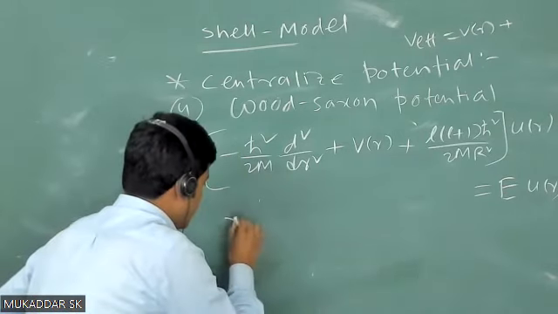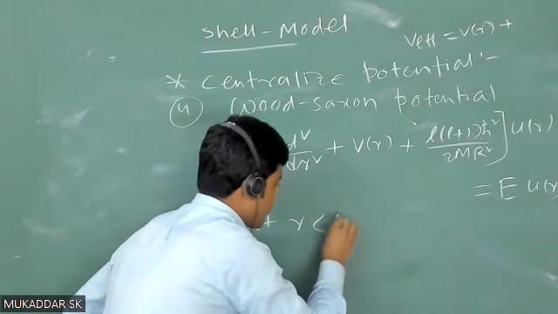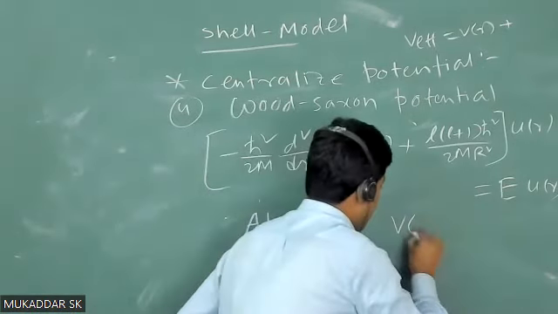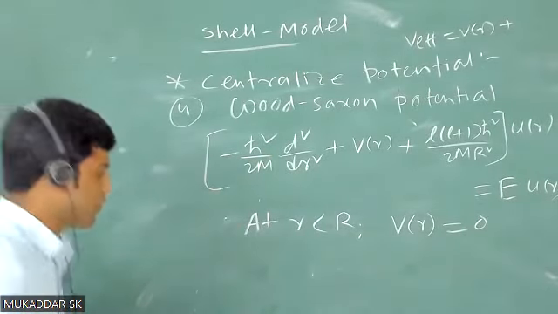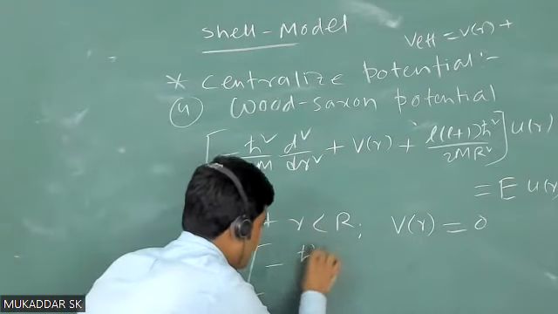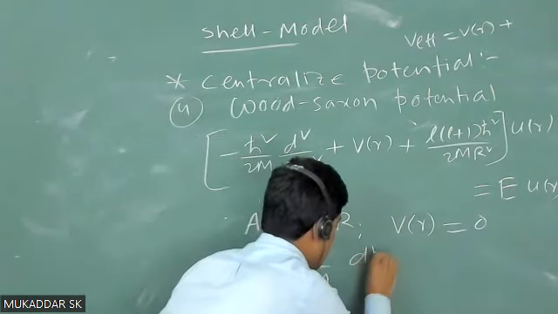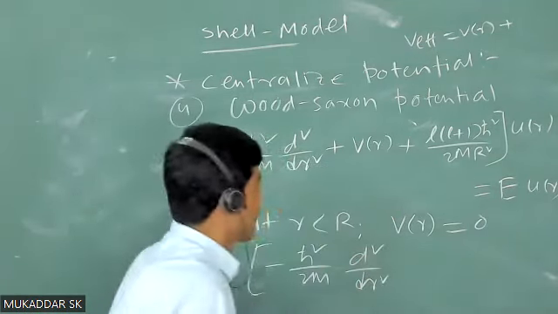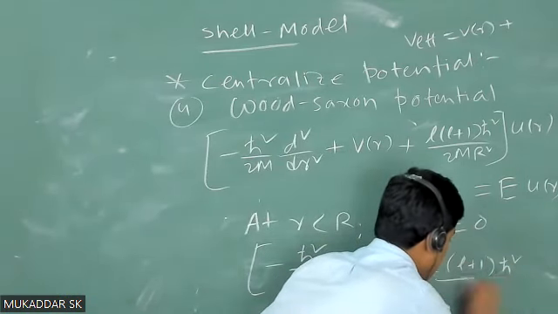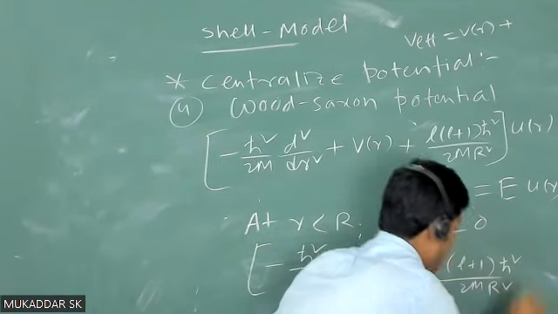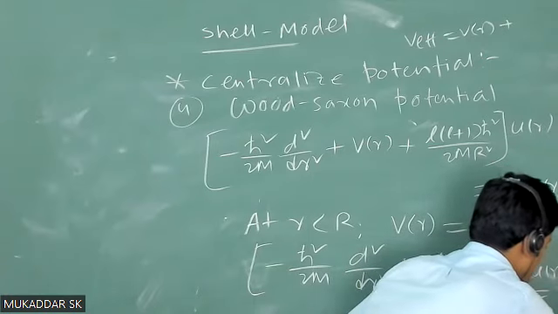So for r less than R, V of r will be 0, so this Schrodinger equation will become minus h cross square by twice the mass of the nucleon, d square by dr square, and then you will have L into L plus 1 times h cross square divided by twice m r square, acting on u of r, equal to E times u of r.